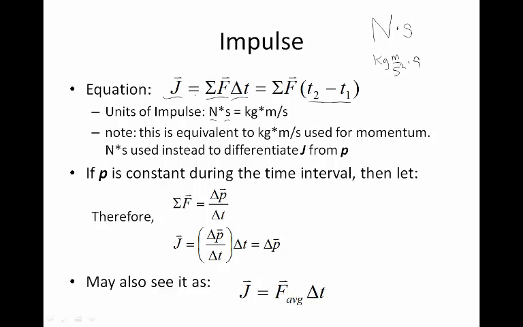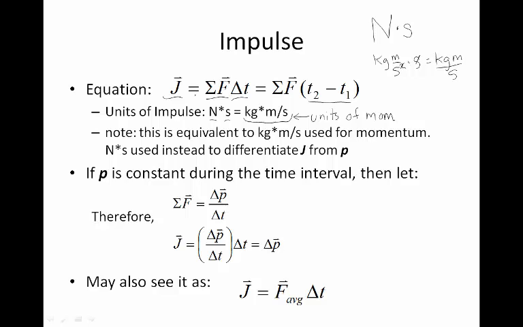So if you have kilograms times meters per second squared times seconds, then the seconds on top cancel with one of the seconds on the bottom, and you do have kilograms times meters per second, which are the same units we had for momentum.